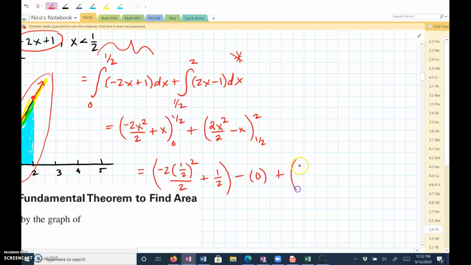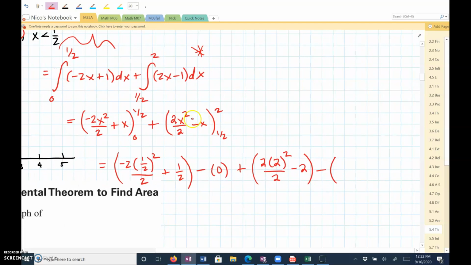So this would be 2 times 2 squared over 2 minus 2 minus, and then I'm going to plug in 1/2 all the way through here, so 2 times 1/2 squared all over 2 minus 1/2. So now I just have to calculate all this.